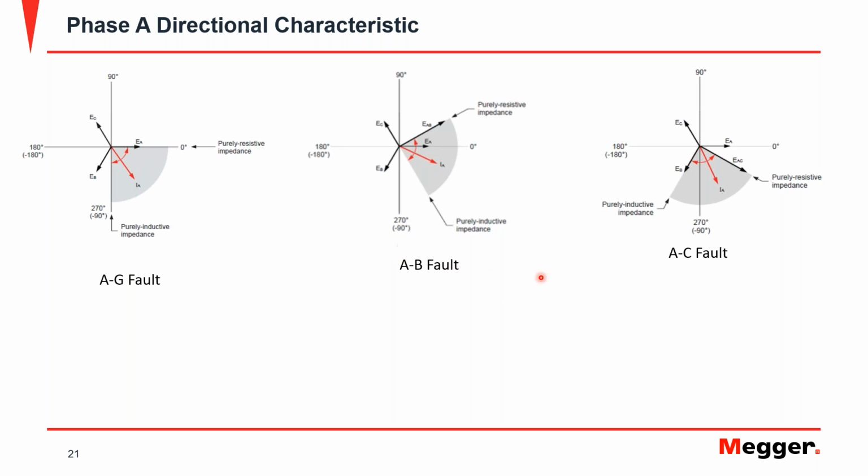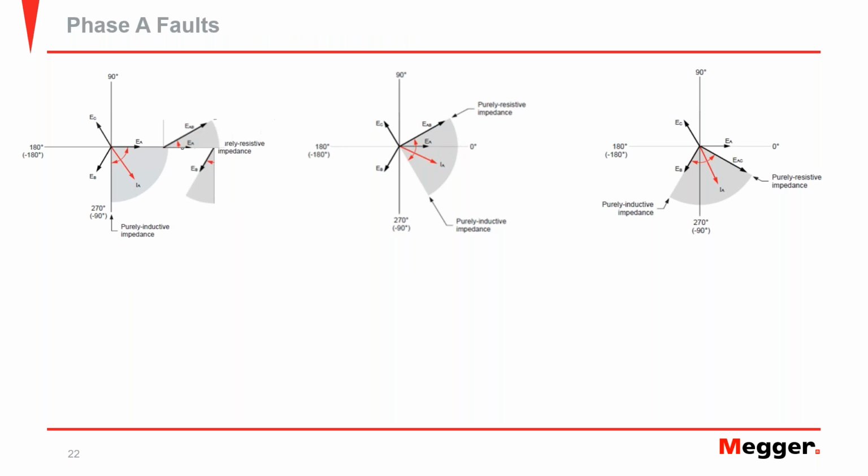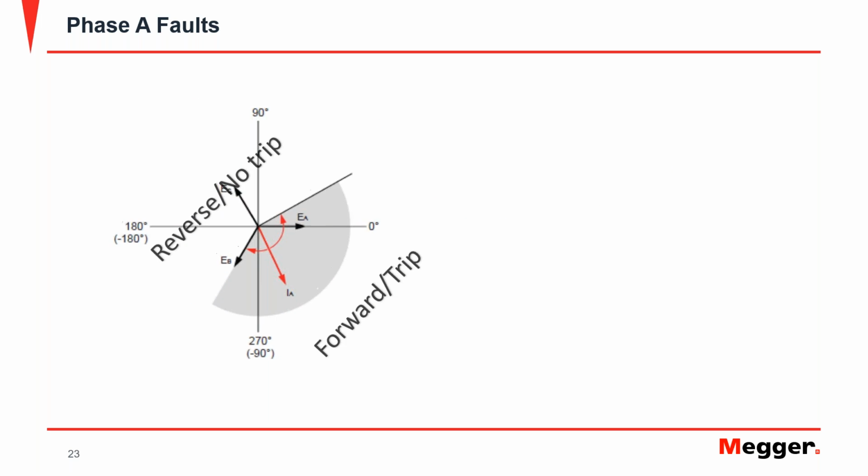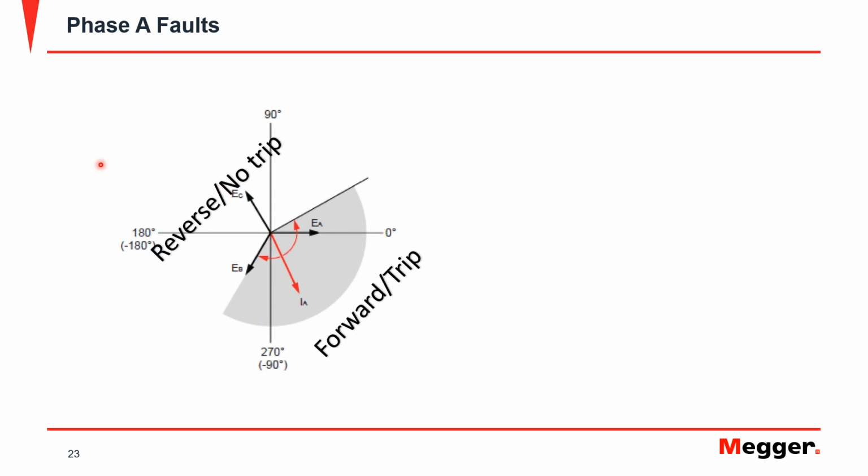For an A to B or A to C fault, the currents are going to remain within 90 degrees, but of the line-to-line voltage in this case. What we can do is put these three characteristics together, and we can say that as long as the current remains in this area here, then we can declare a forward trip for this relay.